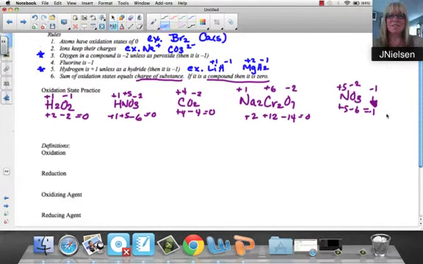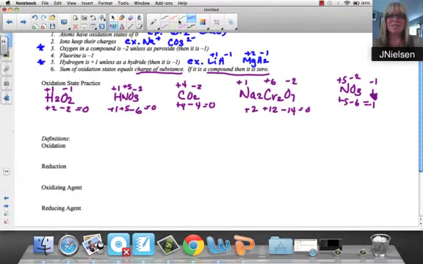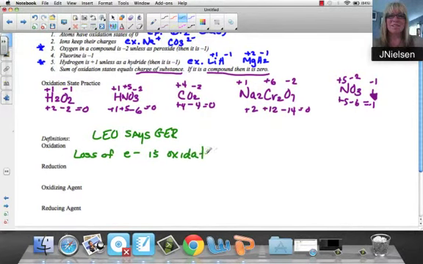Let's review some definitions. Oxidation, remember the saying, LEO says GER. So loss of electrons is oxidation, and therefore a gain of electrons is reduction.